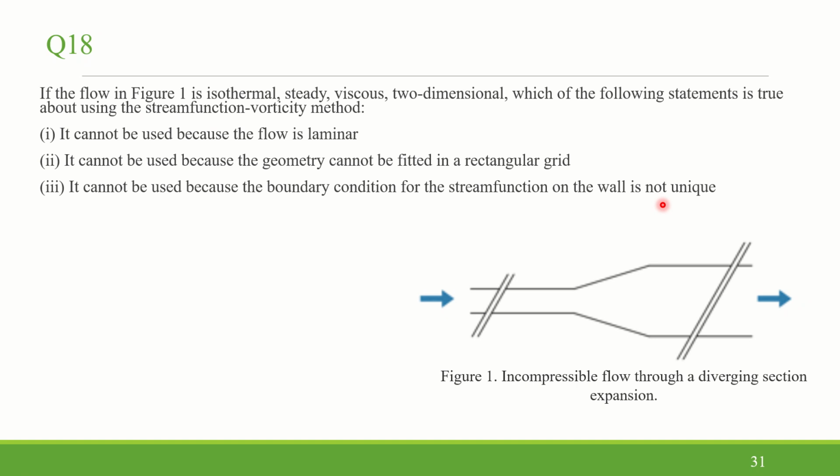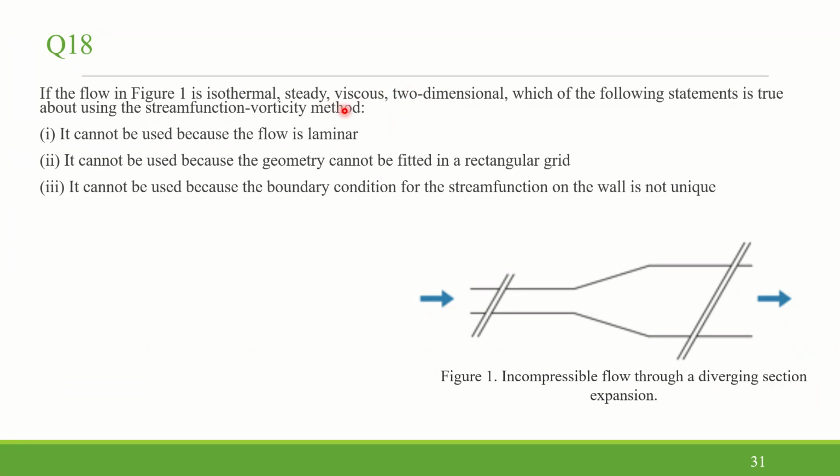So we got four things, and the stream function vorticity method will be used only for a two-dimensional system. That check is complete, because it is mentioned in the question that the flow in figure 1 is incompressible and two-dimensional. So the stream function vorticity method can be used.